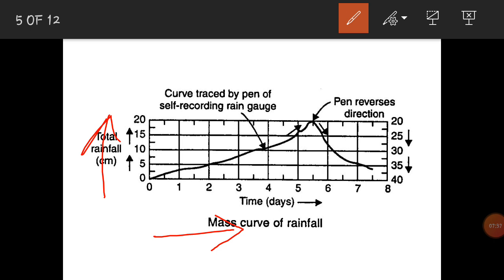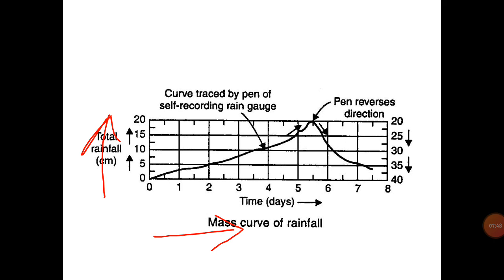In this case, a plot of accumulated precipitation against time, plotted in chronological order, will give you the mass curve.